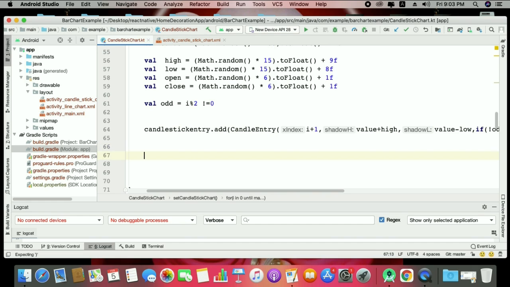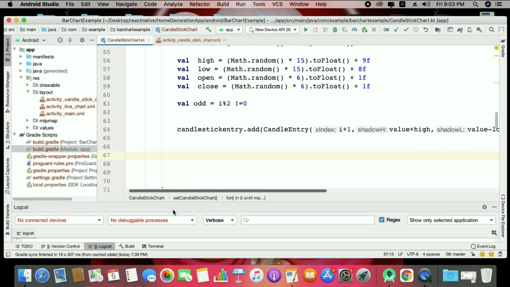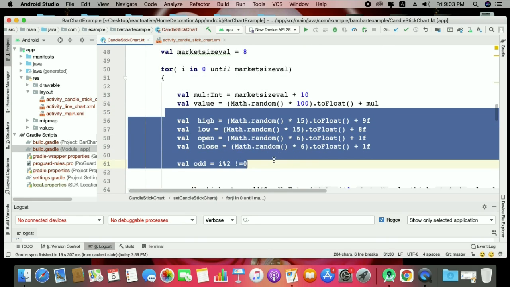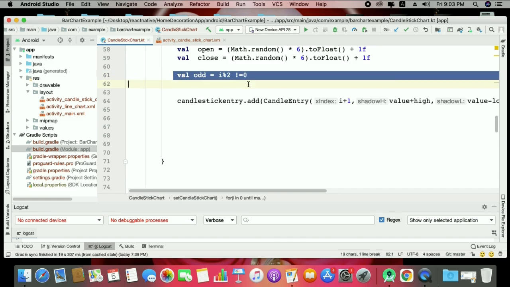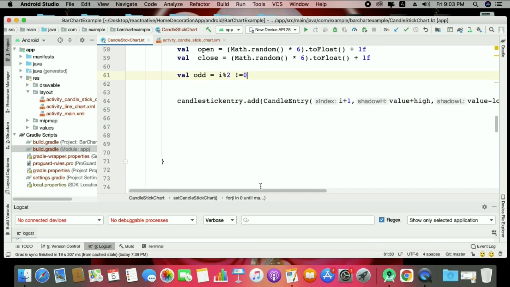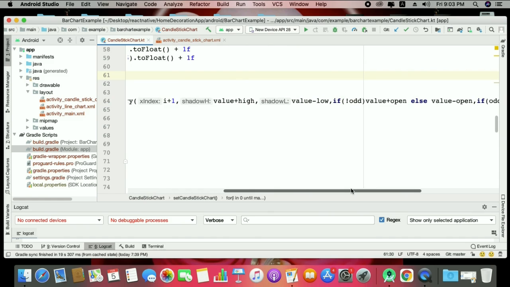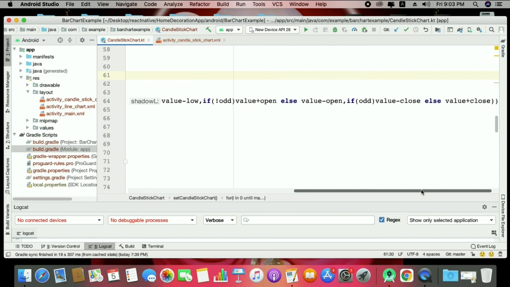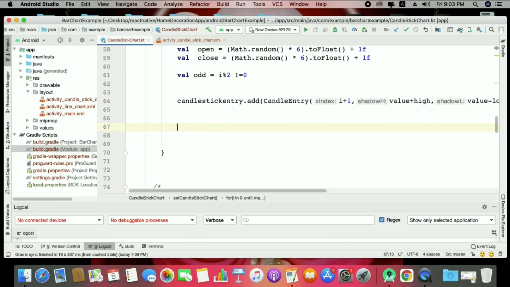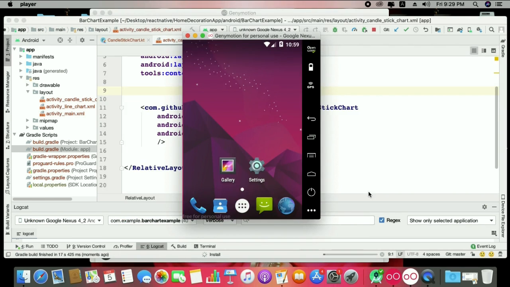So that's a very easy way we have to work with this. Okay, so you can use your random values calculations, or you can work with different logics, different algos. So okay, let's see what the result of this will be.